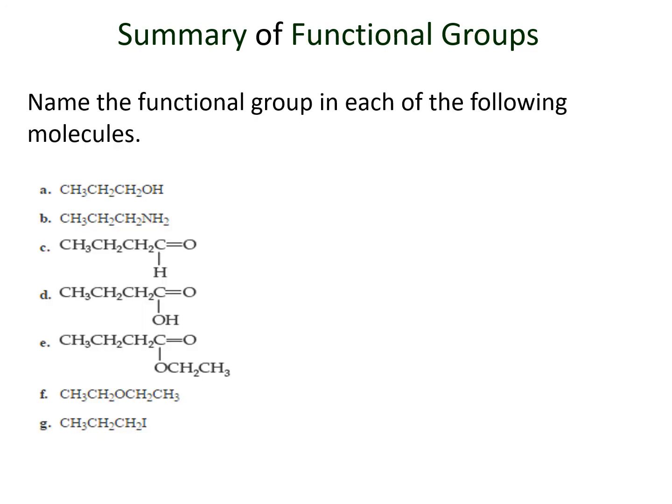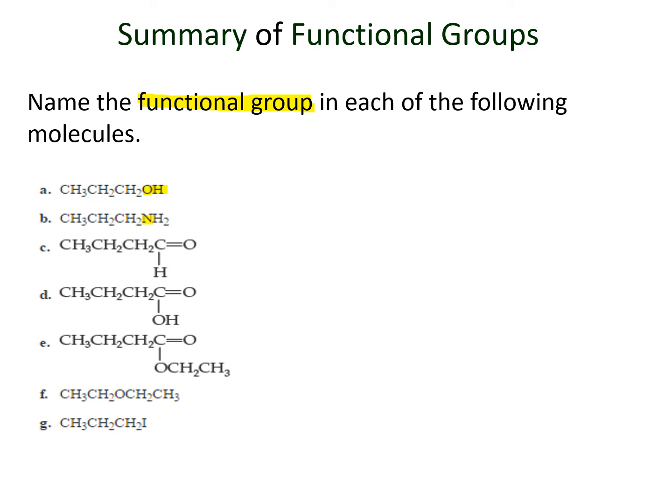So here are a few examples. After memorizing the functional groups on the previous page, you have to name the functional groups present in these formulas, and they can be there in the exam. Which one of the following functional groups is present in this compound? You simply have to check the functional group, which in this case is the hydroxyl group. So this one is an alcohol.